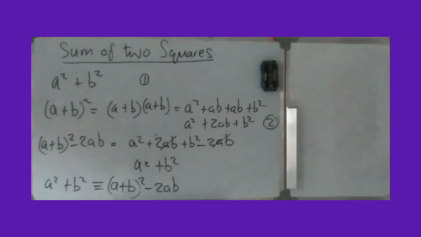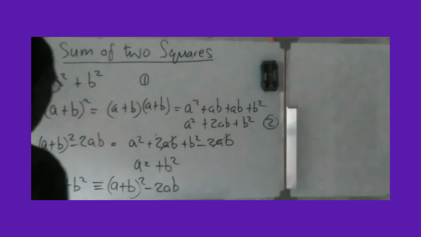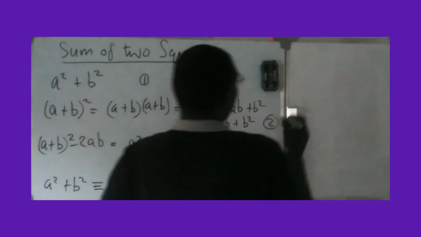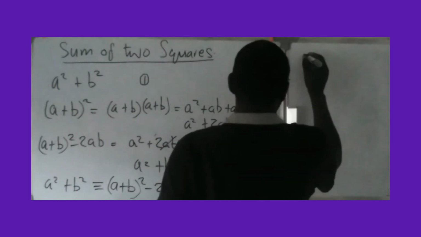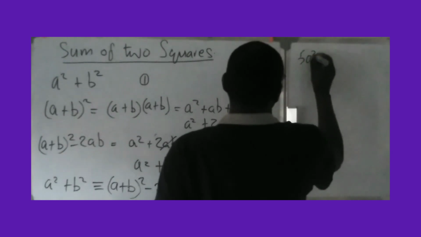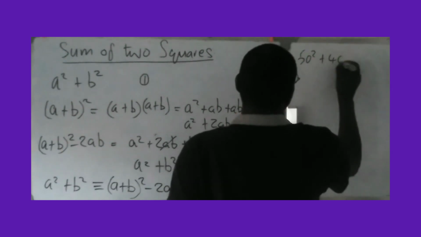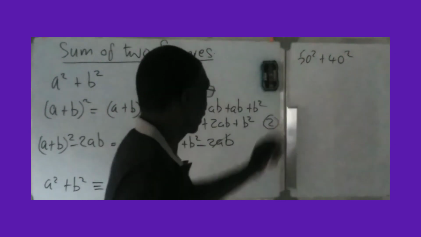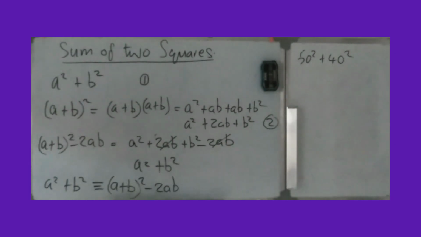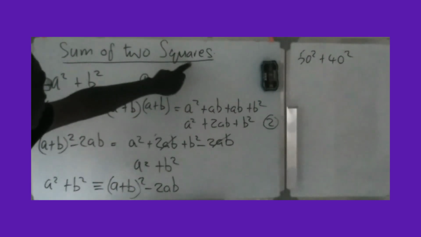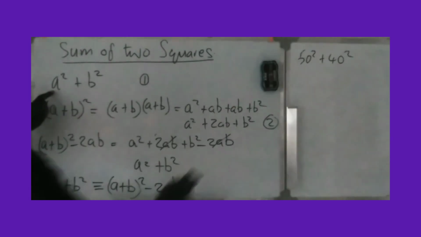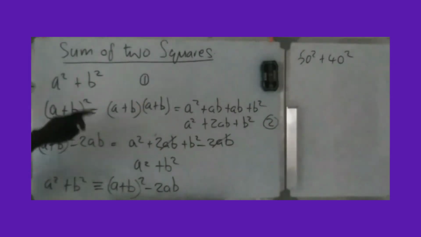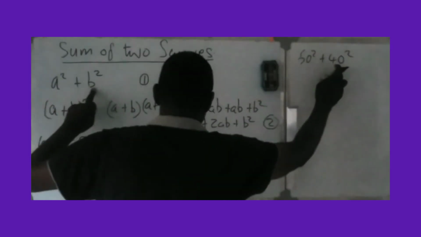How would we use this in practice? Supposing I was given an expression 50 squared plus 40 squared, and I'm required to evaluate it. I would say, okay, this looks like my sum of two squares, where my a is 50 and my b is 40.